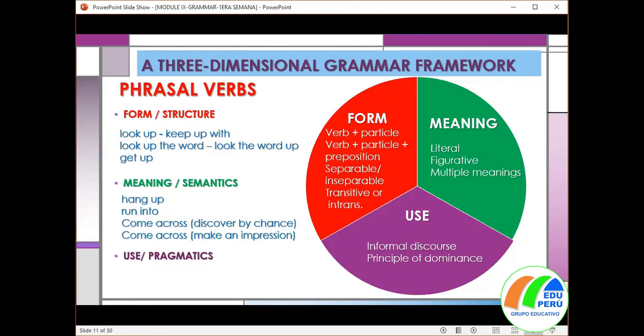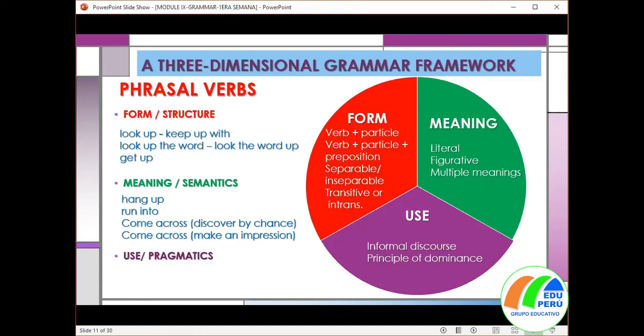No object. So this is an intransitive verb. So the meaning is other. Notice, the meaning is make an impression. So that's why we say that this phrasal verb could have multiple meanings. And the same phrasal verb could have one meaning in one context and another meaning in another context.